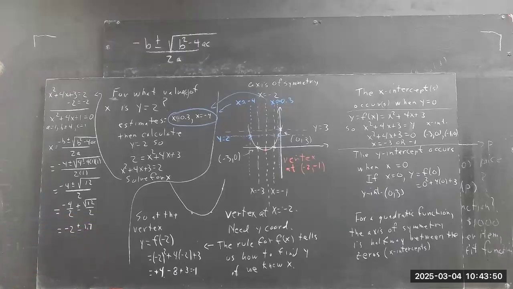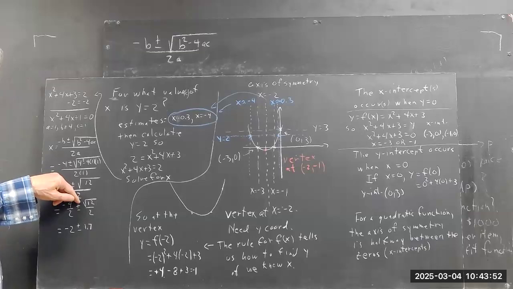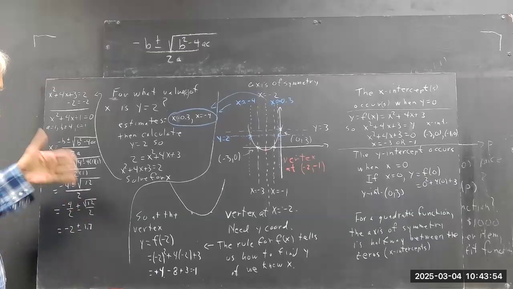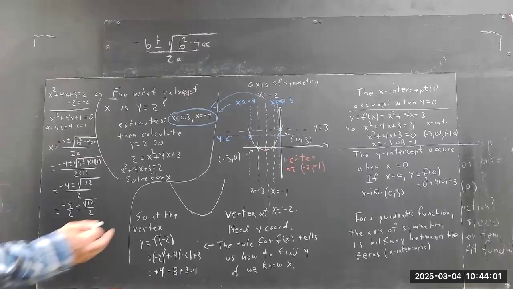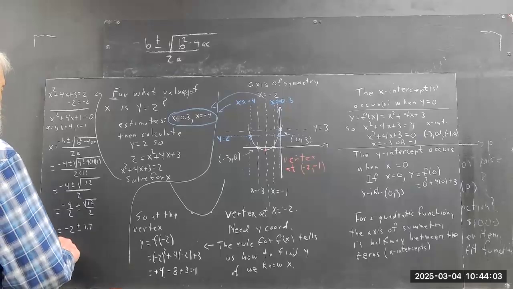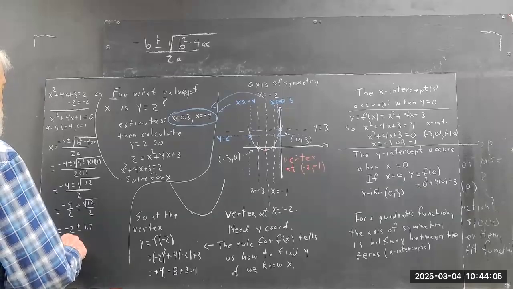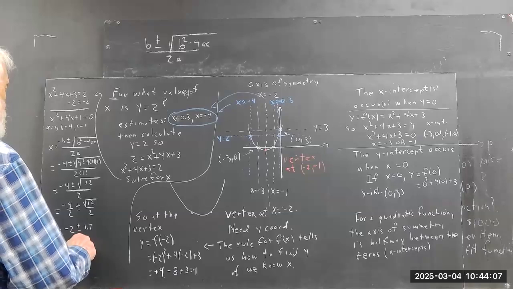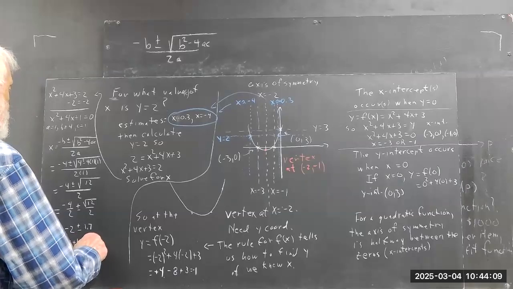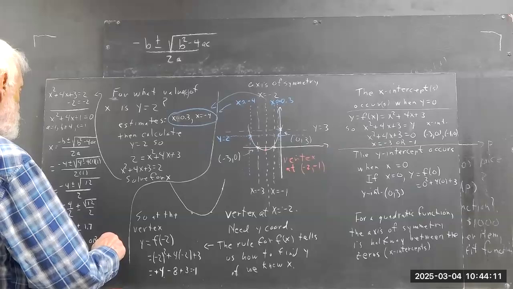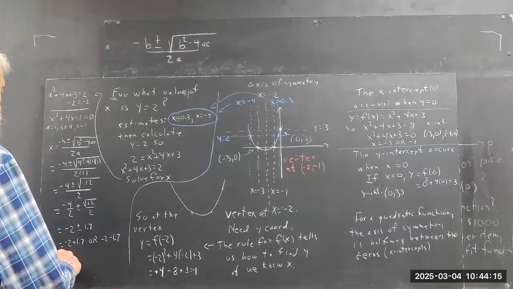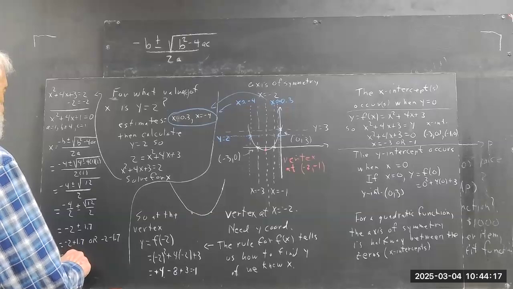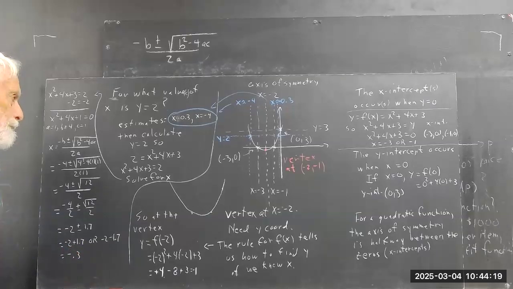Now that 1.732 comes from the fact that I know this is 2 times the square root of 3, and divided by 2 is just the square root of 3. And everybody in my generation knows what the square root of 3 is. Okay? To 4 significant figures. So this is negative 2 plus 1.7 or negative 2 minus 1.7, which equals negative 0.3.